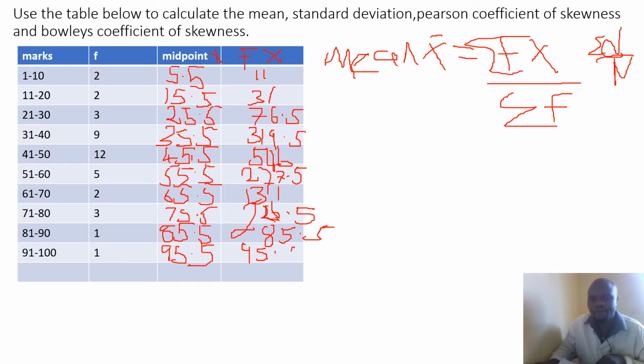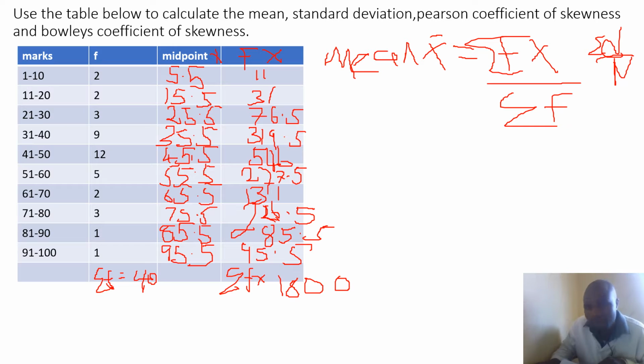And then the next thing is to get the summation of this column, the summation of fx. If you add all these, you get 1800. And also the summation of the f column here equals 40.